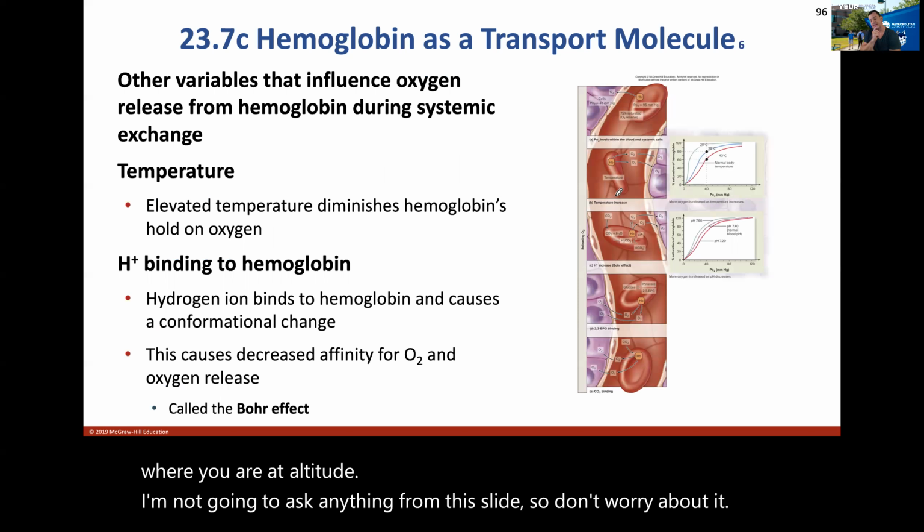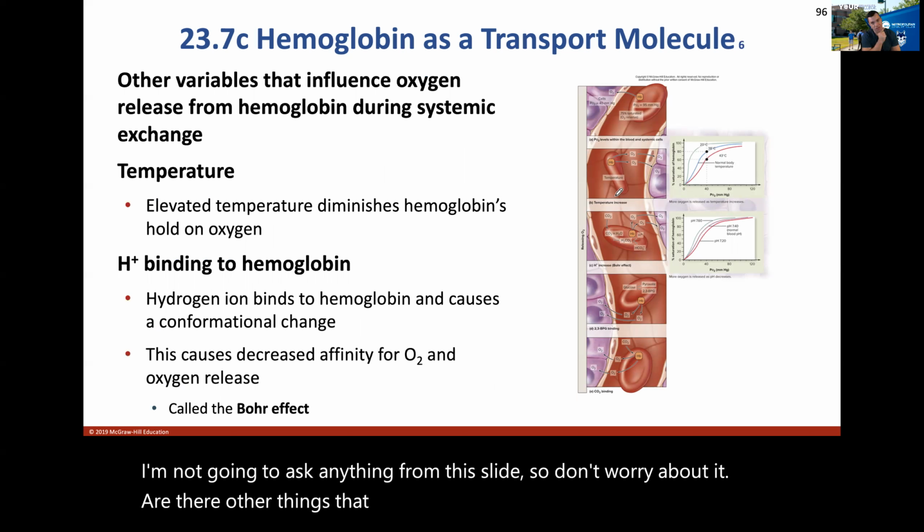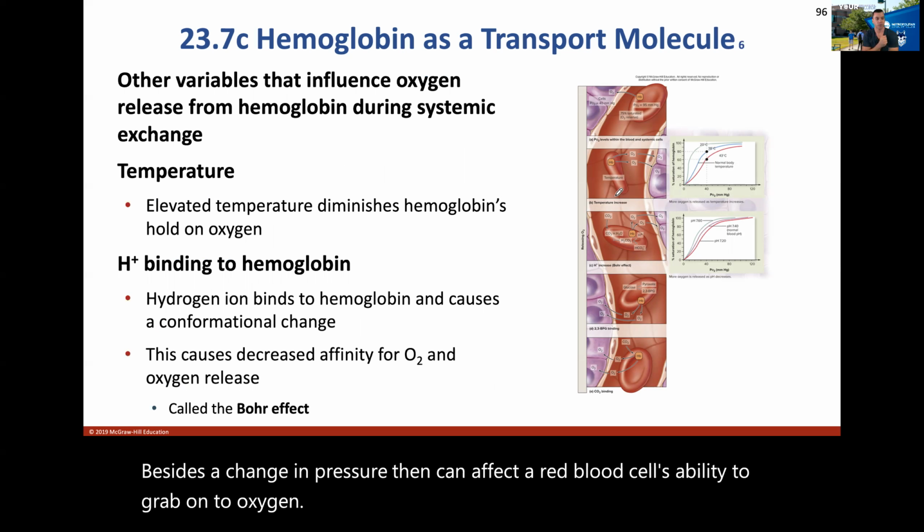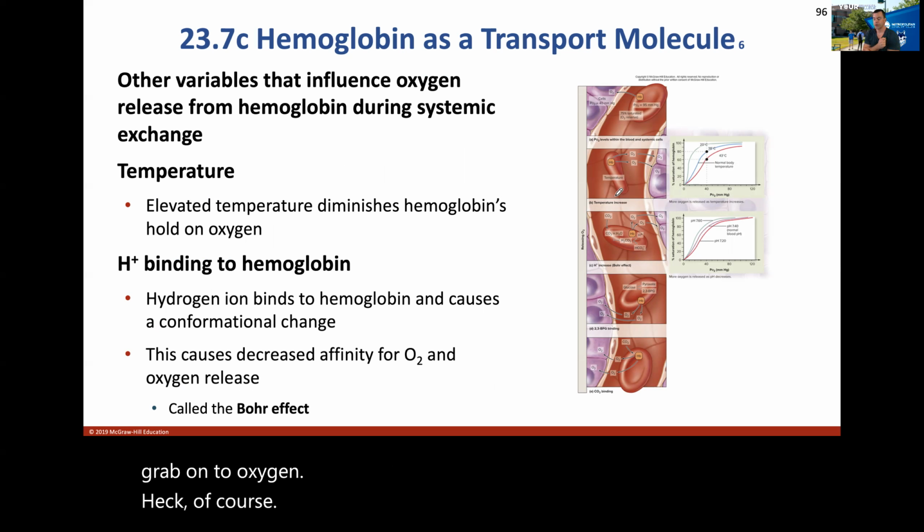Are there other things that can happen besides a change in pressure that can affect a red blood cell's ability to grab onto oxygen? Oh, heck, of course. Partial pressure gradients, Dalton's law.